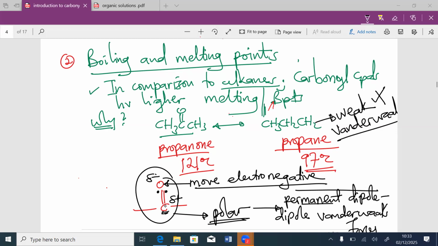Because of that, the carbon-oxygen bond is going to be polar, making carbonyl compounds be held by a stronger kind of force known as permanent dipole van der Waals forces of attraction, which are stronger than the weak van der Waals forces of attraction that hold the alkane molecules together. Are we fine?